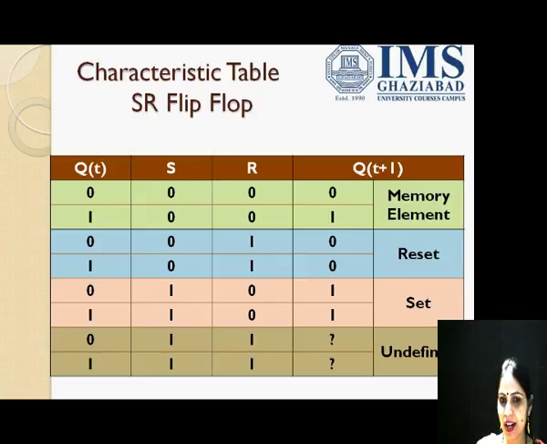And the last one, S is equal to 1 and R is equal to 1, we have already discussed that these states are not used, undefined, reason being that Q and Q bar both cannot be the same at the same point of time. If Q is 1, Q bar should be 0, and if Q is 0, Q bar should be 1. But here we are getting the same values for Q and Q bar, so this state is undefined.